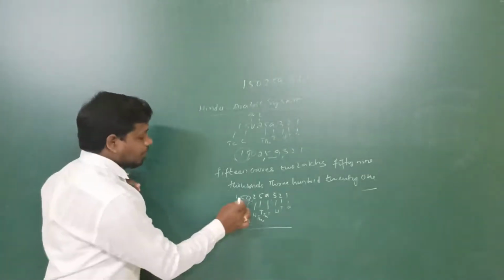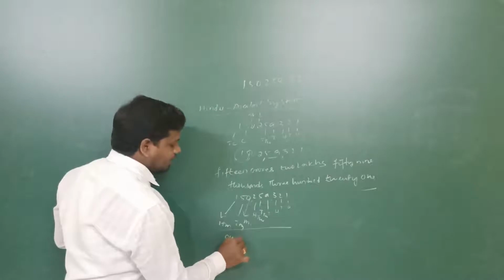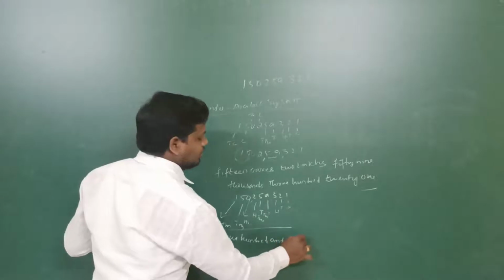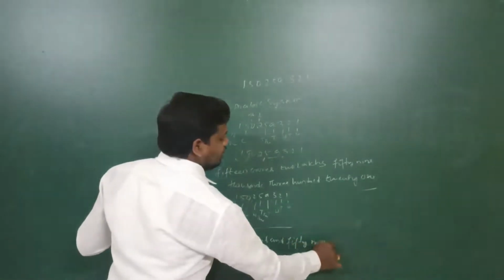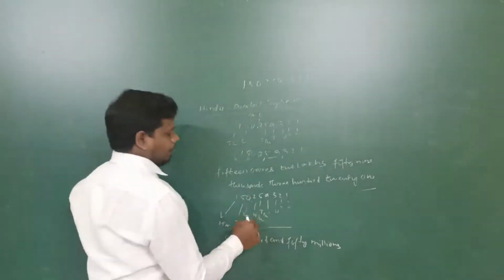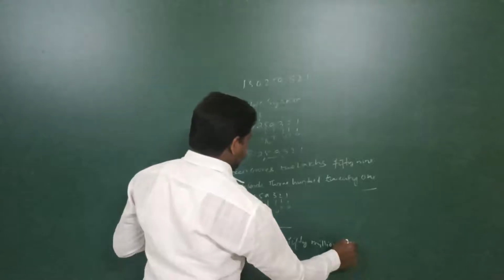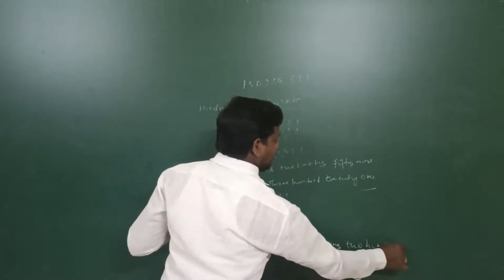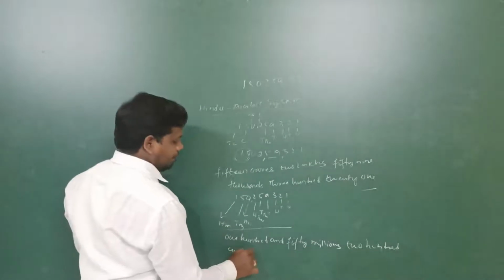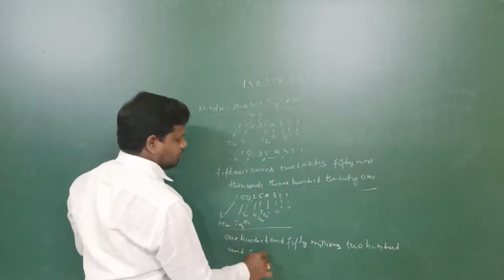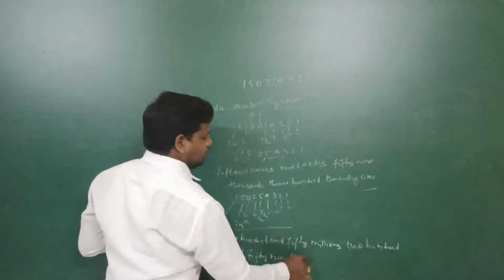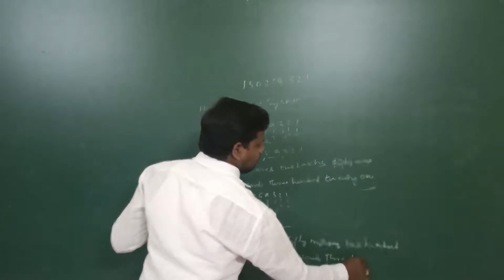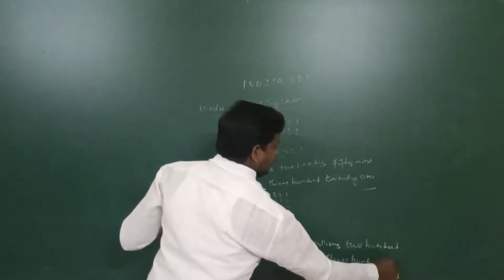So here what can we write? 150 millions, then 259 thousands, and 321.